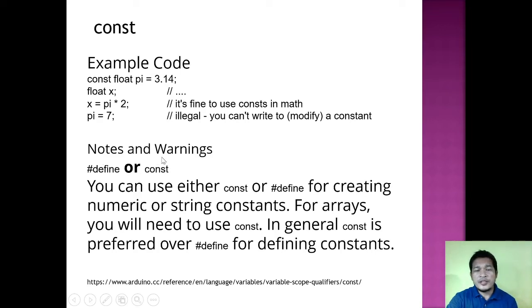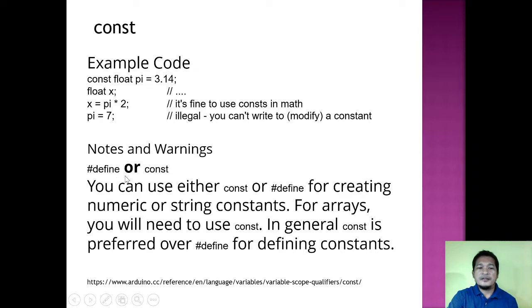We have here the notes and warnings. After the explanation of our topic, there could be programming examples that we will give based on what we discuss. Okay, notes and warnings.